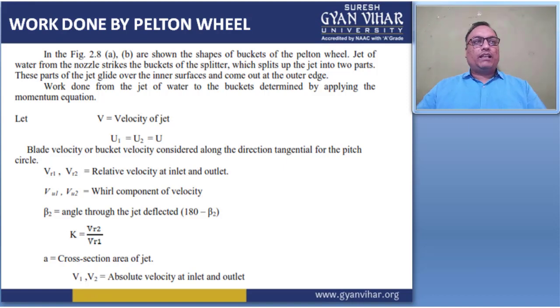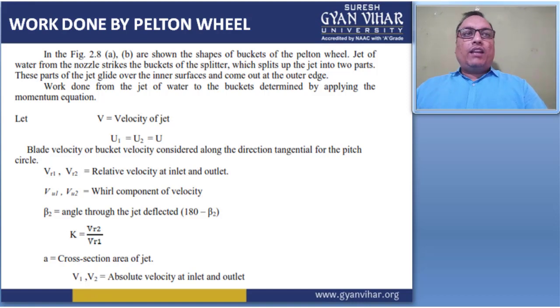Applying the momentum equation, consider V as the velocity of the jet, and different kinds of velocity are used. U1 and U2 are equal to U, the blade velocity or bucket velocity, considered along the tangential direction of the pitch circle.